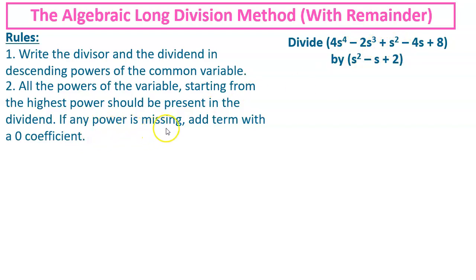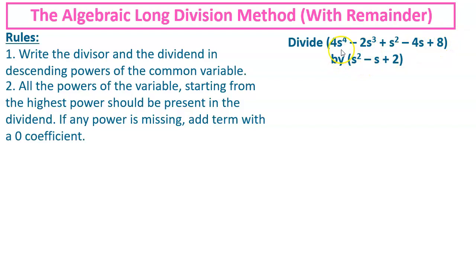If any power is missing, add a term with a zero coefficient. But over here we are seeing all the terms are present starting from the highest power, that is 4, 3, 2, 1 and 0. The constant term has the power of the variable as 0 because anything raised to the power of 0 is 1.